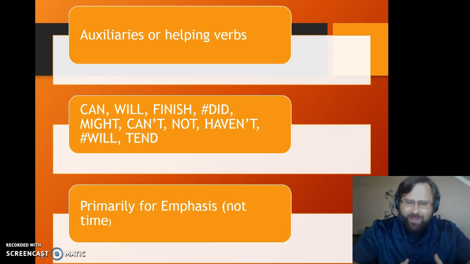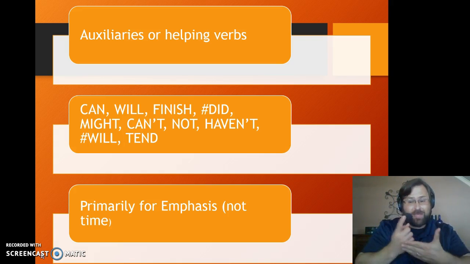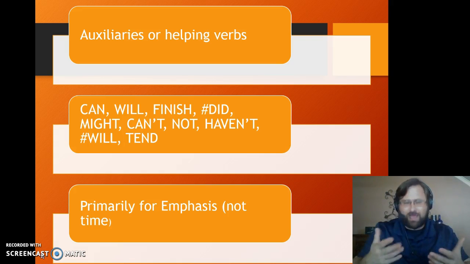So be aware that it is not necessary to use an auxiliary verb every time you talk about an event in the past. You might establish that something happened last week and then continue on without ever signing the sign finish, because once you've established that something happened last week, then if you sign that you ate or you slept or you went, it's understood that all happened last week.